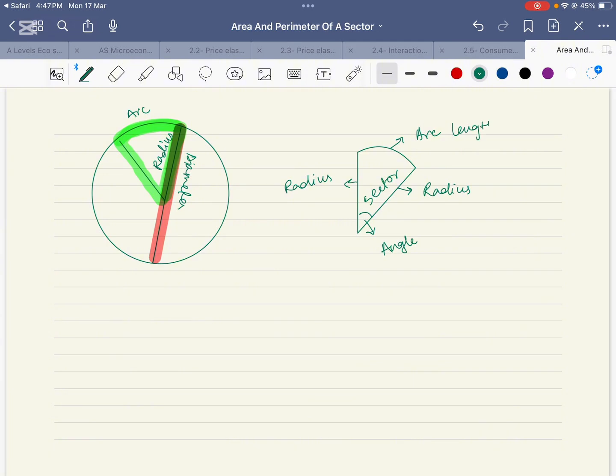If we need the area, of course we will need only this part out of the entire circle, and for perimeter we will need the arc length plus 1 radius plus 1 radius. Okay, so arc length is part of the circumference because arc length is cut out from the entire circumference, or perimeter, of the circle.